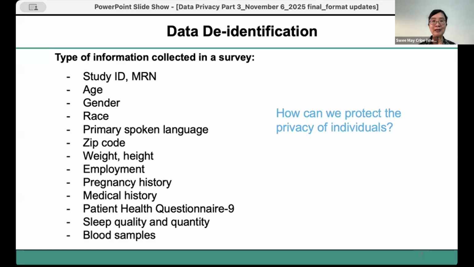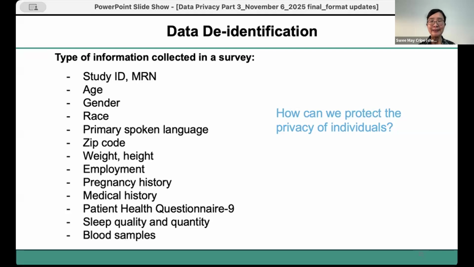Then we determined the status of depression using the Patient Health Questionnaire, 9 questions, to determine depressive symptoms. We also measured sleep quality and quantity, and collected blood samples to see if there are any chemical changes in the blood as a result of interrupted sleep quality and quantity.